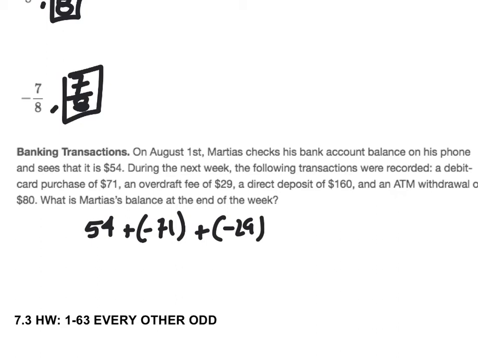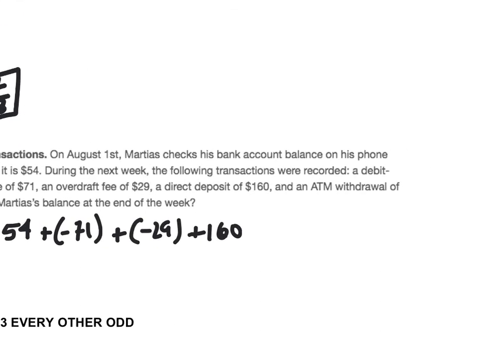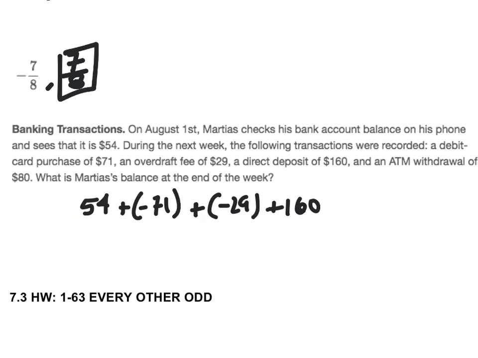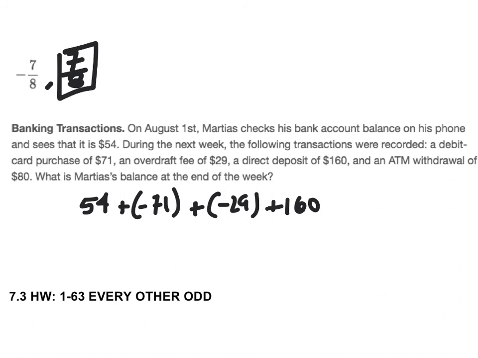And then they get paid. They get $160 direct deposited into their checking account, so I'm going to add $160. Then Marcia goes to the ATM again and takes out another 80 for cash, so we're going to add negative $80.